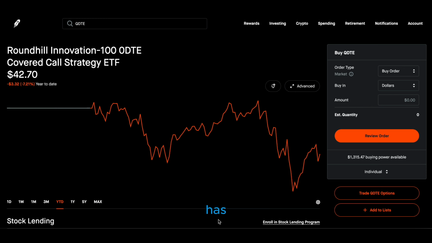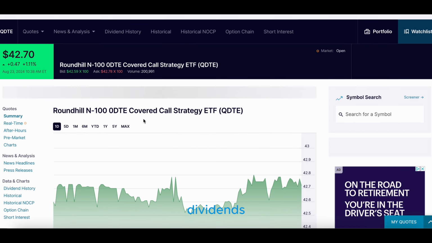So that has appreciated in value since March, but this covered call strategy has depreciated, and a lot, 7.21%. So if you had bought 100 shares, it would have cost you $46 per share, so $4,600 for 100 shares, and your total currently would be $4,273.